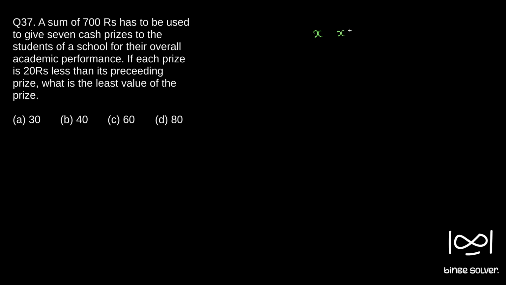We'll call X plus 20 the next prize, and since it's 20 rupees apart, X plus 40 and X plus 60 as the prizes in front of it, and behind we'll say X minus 20, X minus 40 and X minus 60.